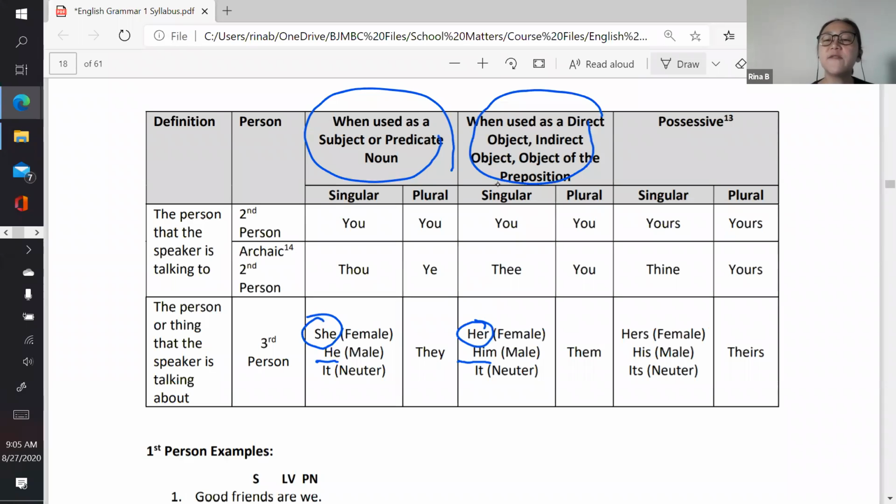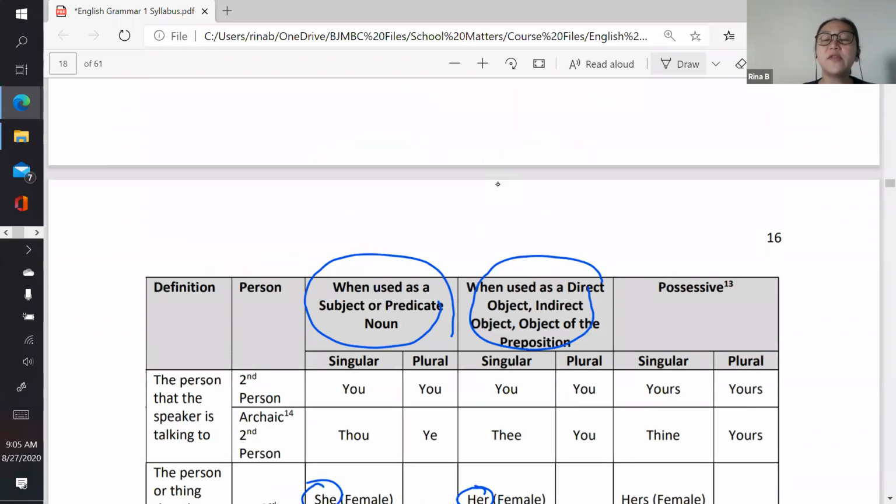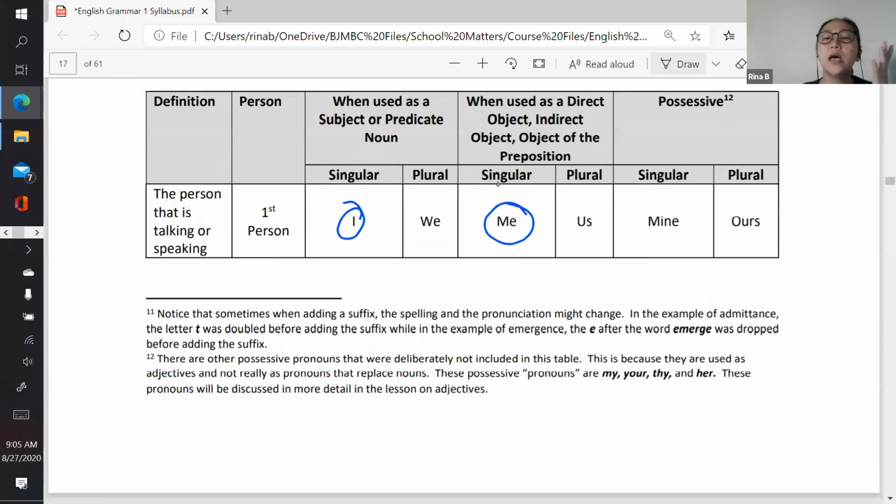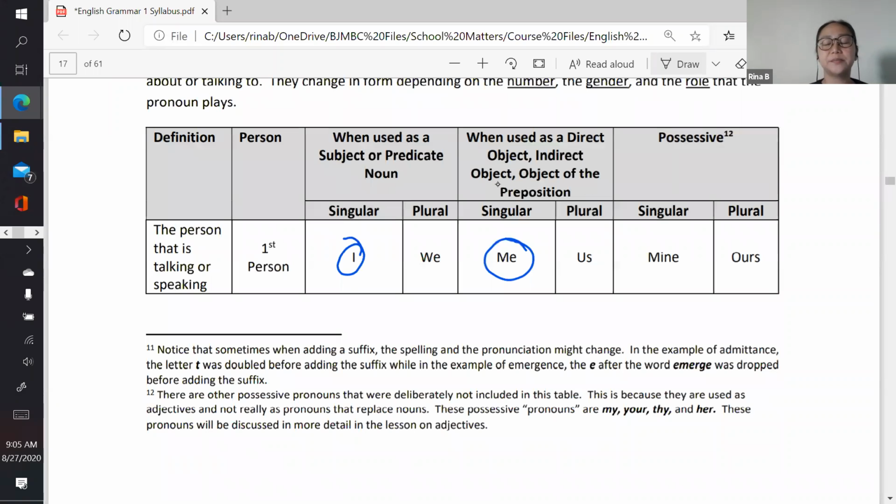Another thing that I emphasized, and I wrote some stuff here, is the possessive forms of your pronouns. You have my, you have our, which are included in the list of pronouns.